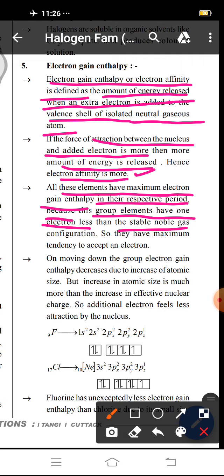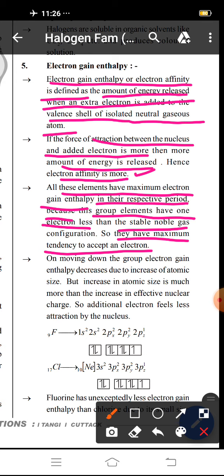To attain noble gas configuration, they have a maximum tendency to accept an electron, for which they have more electron gain enthalpy in the respective period.